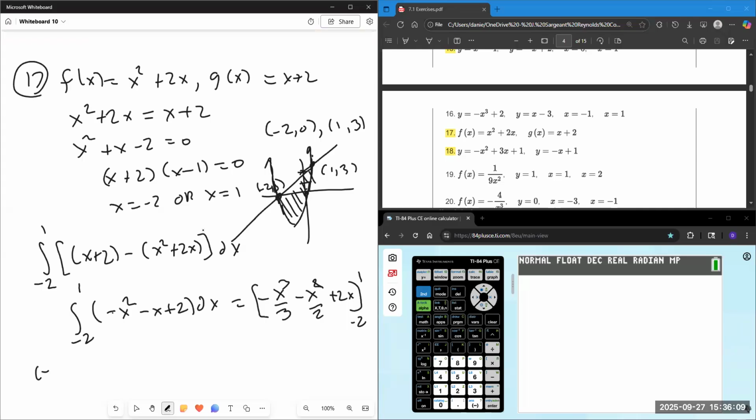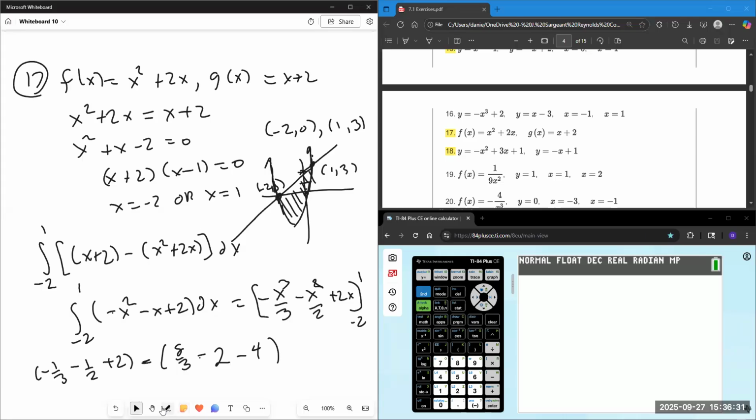That is -1/3 minus 1/2 plus 2 minus -8, which is a positive 8/3, minus 4/2 is 2, minus 4.